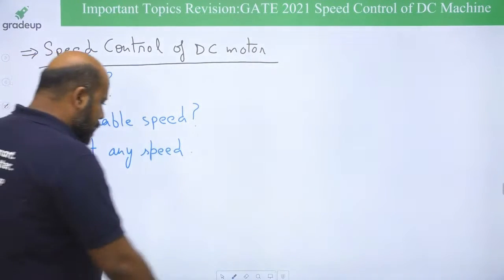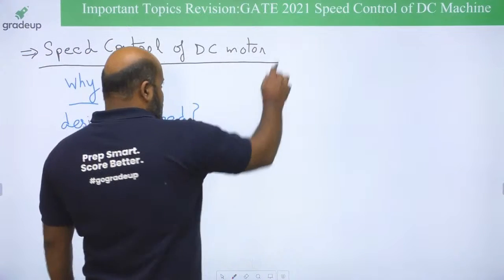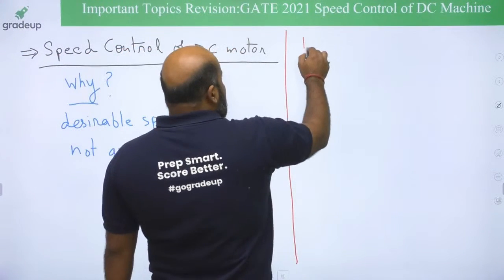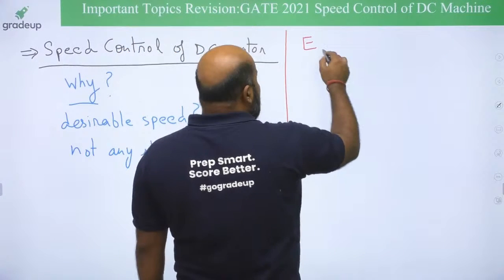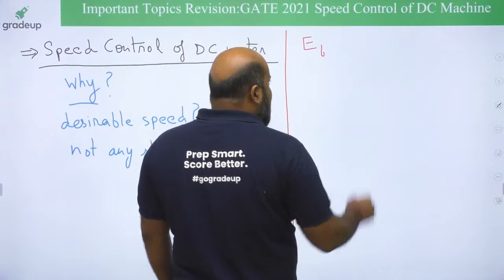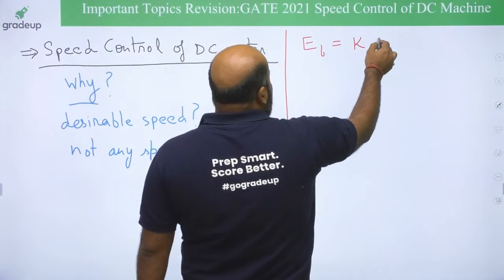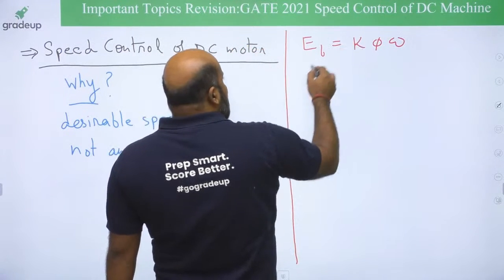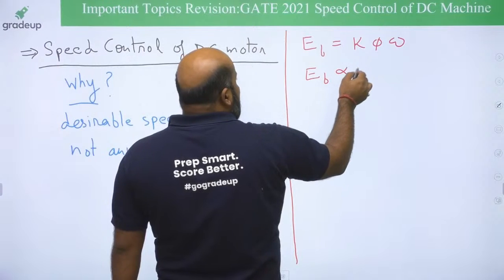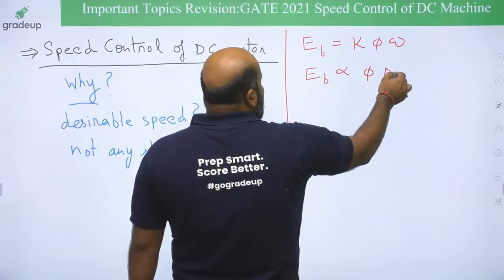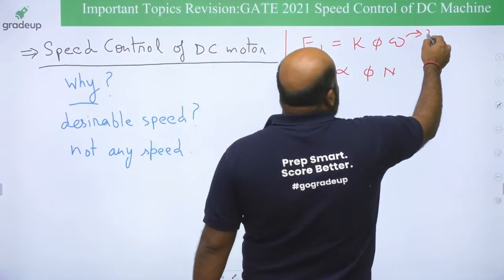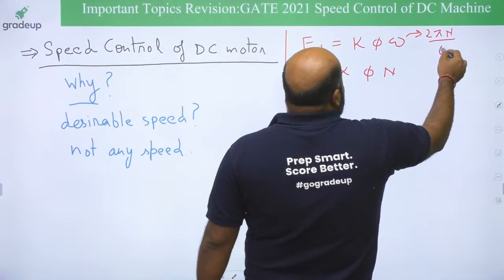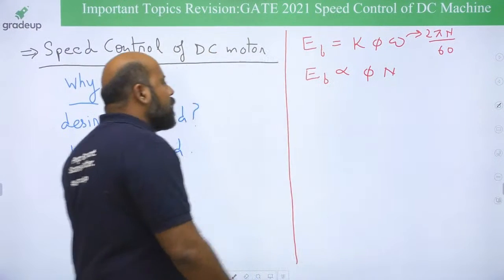Now the question is how you can control the speed of your motor. We have discussed that if you talk about the motor, we will be talking in terms of back EMF, which is given as K phi omega. Now K is a constant, so you can write EB is directly proportional to phi and N. Omega you can write as 2 pi N upon 60. 2 pi 60 are constant.